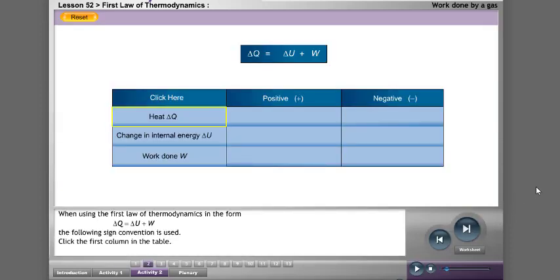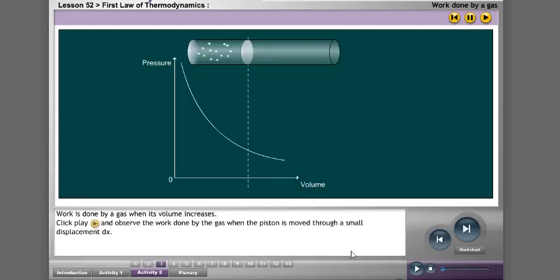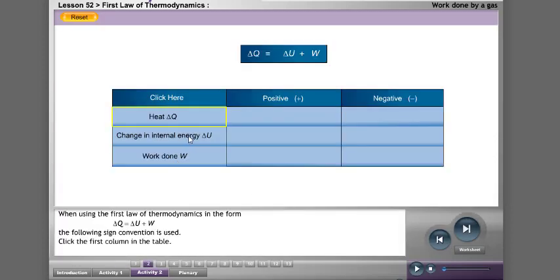When using the first law of thermodynamics in the form delta Q equals delta U plus W, the following sign convention is used.